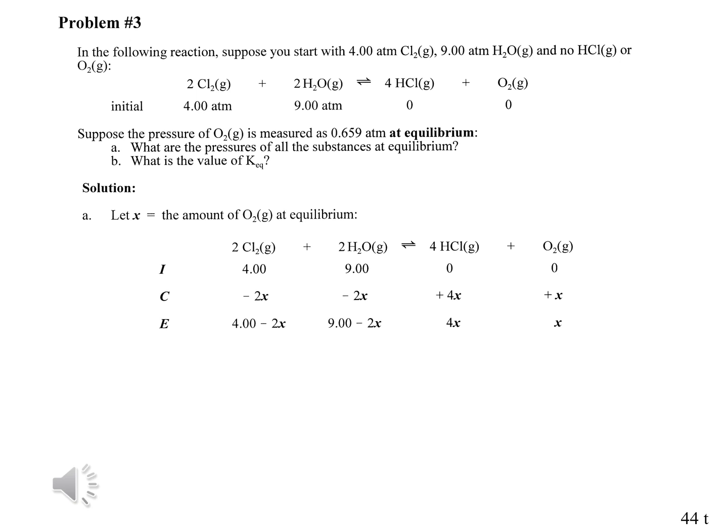Now, the thing is, I could give you, instead of giving you the 0.659, which is O2, and that gives you x at the end, I could have given you, for example, the final pressure of water vapor, but then you would have to set 9 minus 2x equal to that and solve for x.